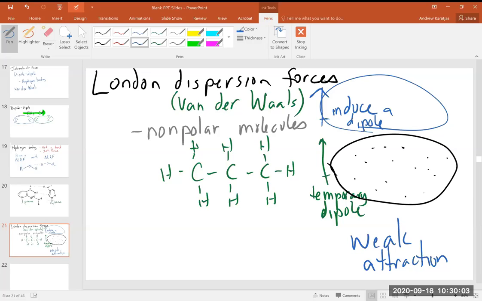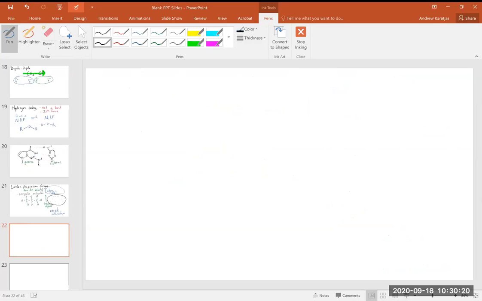So the stronger that attraction is, the higher the melting point or the boiling point. And so that's why small molecules like methane, which have only van der Waals forces and are very small, have very weak attraction.